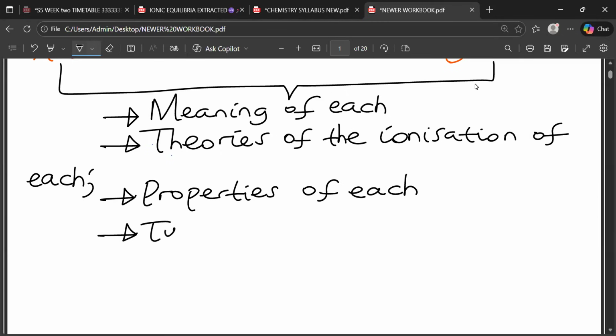Then we should talk about the types of each, and examples in each case.